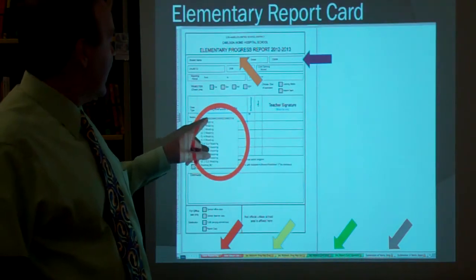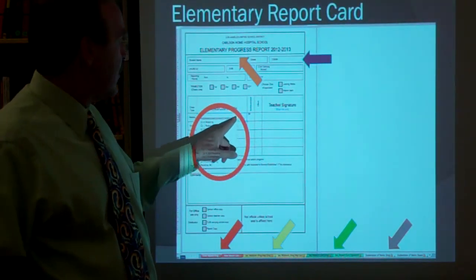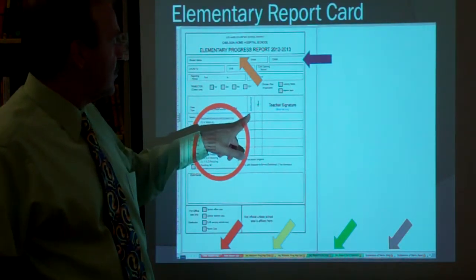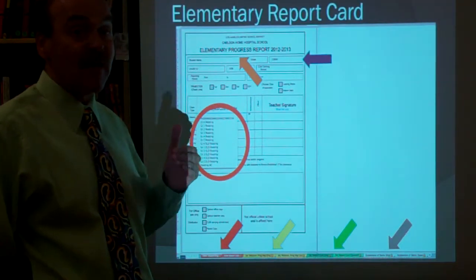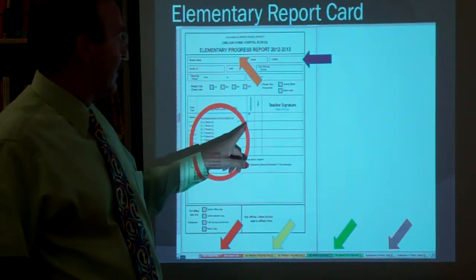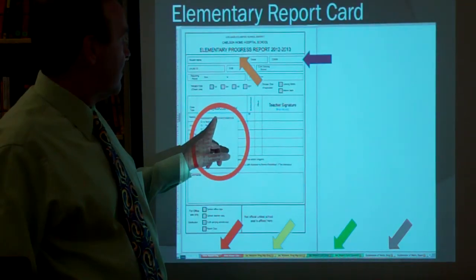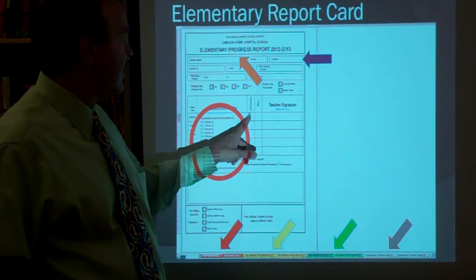In the boxes here, when you click on the box, there's a drop-down menu. I want to make sure I point this out because it's very easy to miss. When you put your cursor in this box and click, you'll see this little arrow in that tiny little box there.